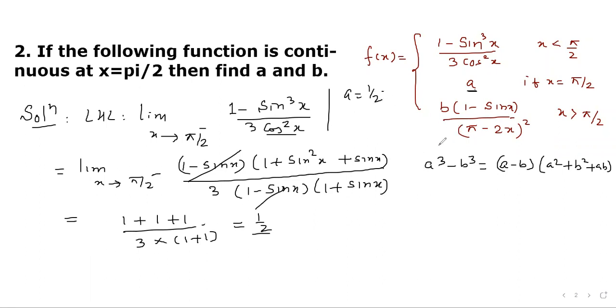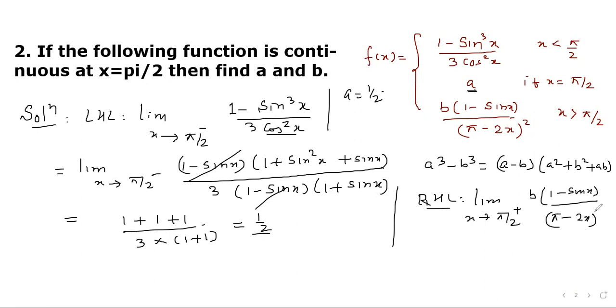Now we consider RHL. Limit x tends to pi by 2 plus, the function is b times (1 minus sine x) divided by (pi minus 2x) whole square.